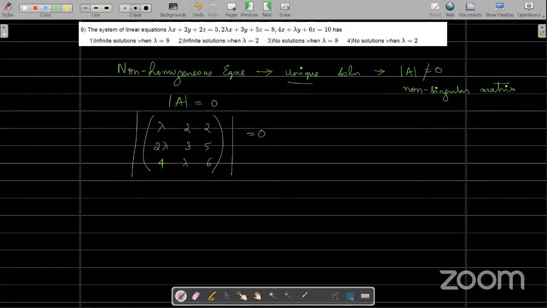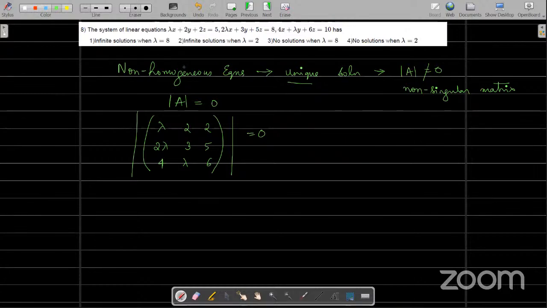Now for which of the lambda can this situation occur? So you will get, let's say, a factor of lambda equal to 2, then you will find that it is infinitely many solutions. So that's one. No solutions is not an option. So it will usually be infinitely many solutions when lambda is equal to one of the values, 2 or 8. Infinite cases are there, right? So one of that would be lambda equal to 2 or lambda equal to 8.